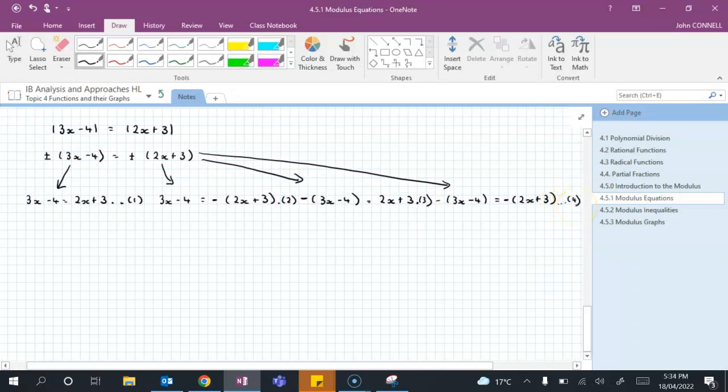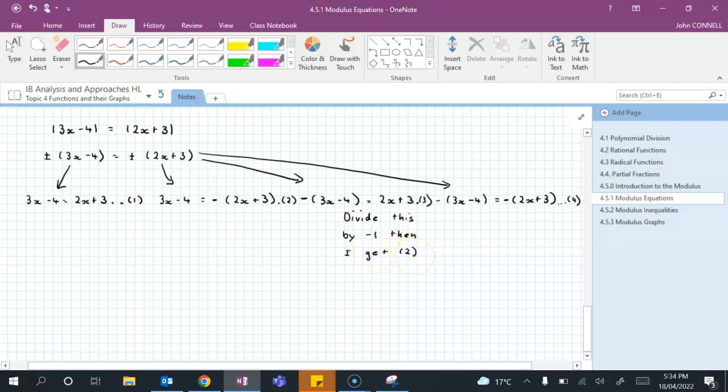Now if I stop and think about it for a minute though, if I divided this by minus 1, so I divided both sides by minus 1, then I would get equation 2.